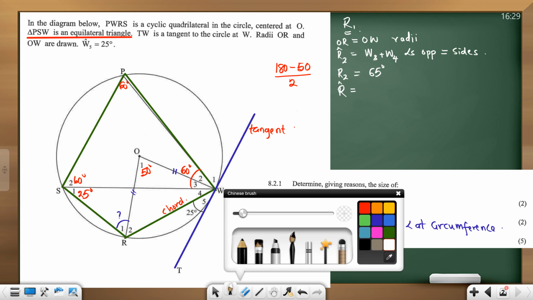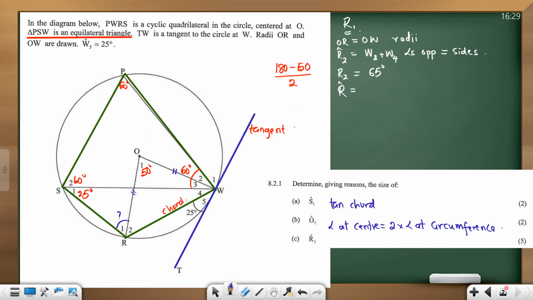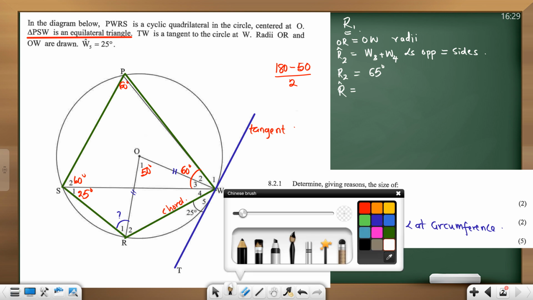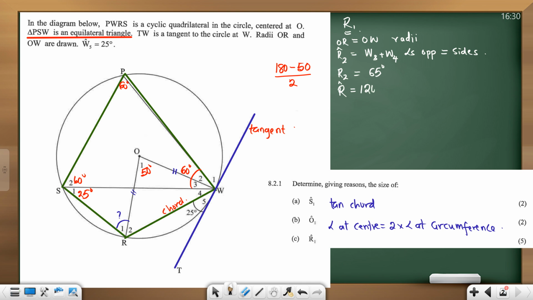And then plus angle P should give us 180 degrees because of opposite angles of a cyclic quadrilateral. Okay, so can I say R equals 120 degrees? Opposite angles of cyclic quadrilateral, right? Yes, sir.